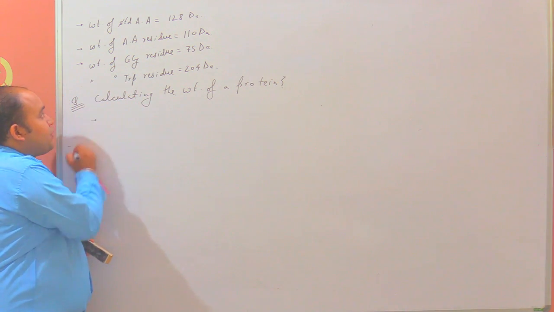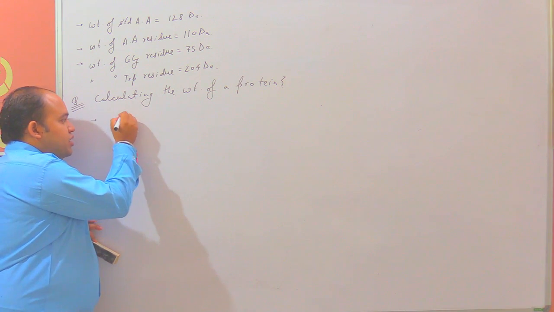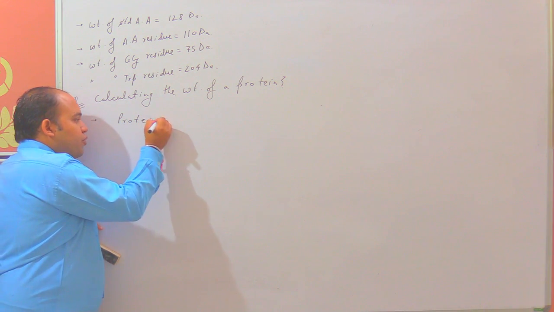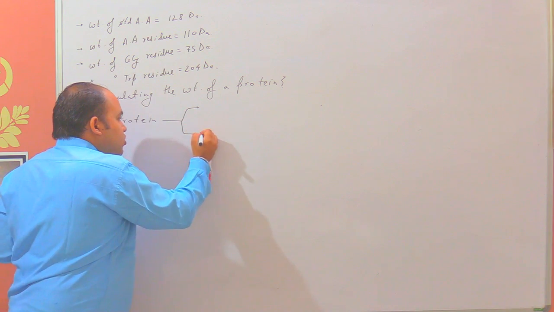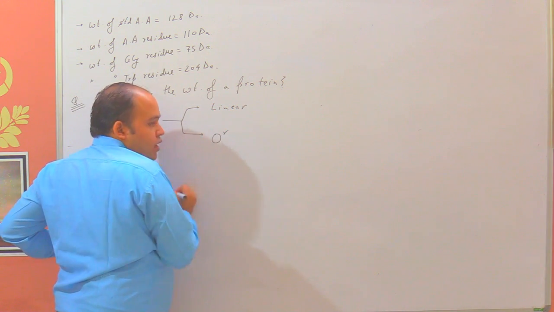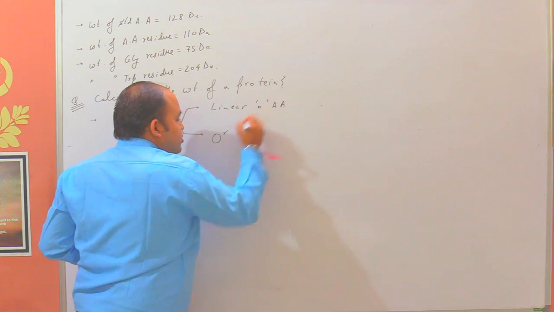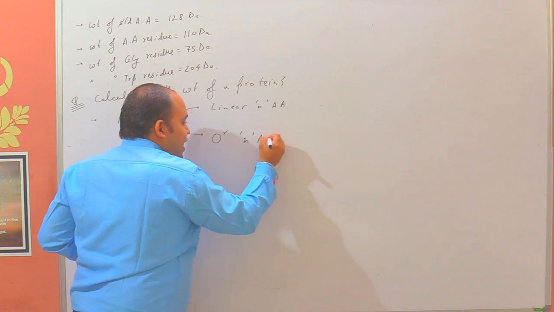We can calculate it by counting the number of amino acids present. The protein can be either linear with n amino acids or circular with n amino acids.